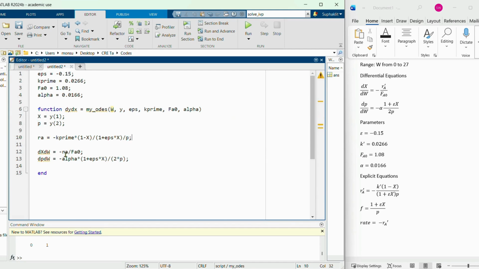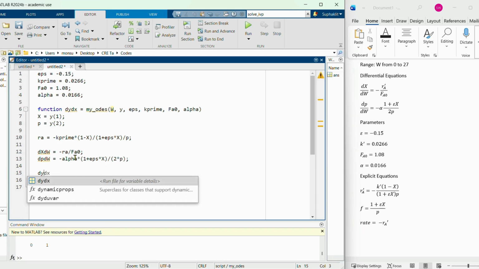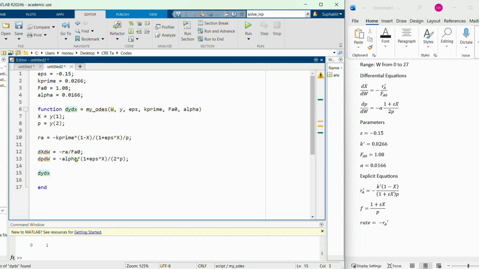Okay, so now our RA is defined. Now we're going to go ahead and join these two ODEs and make it a set of ODEs. So I say that this is dy/dx, equal to dX/dW with dp/dW.